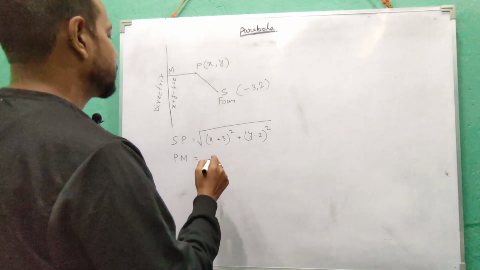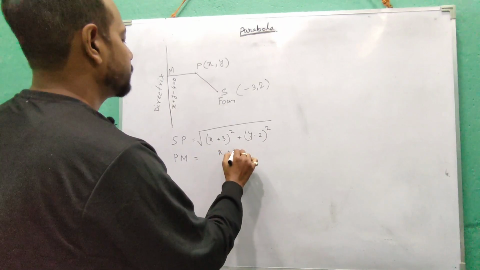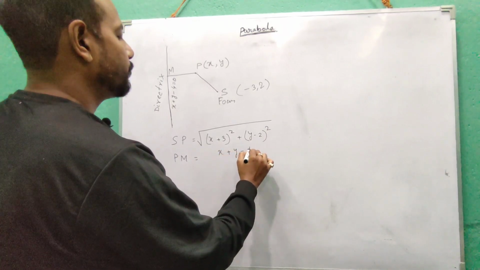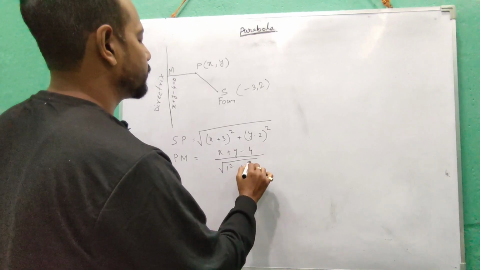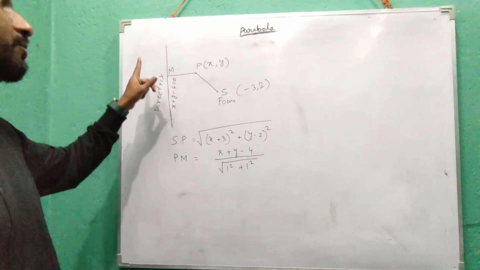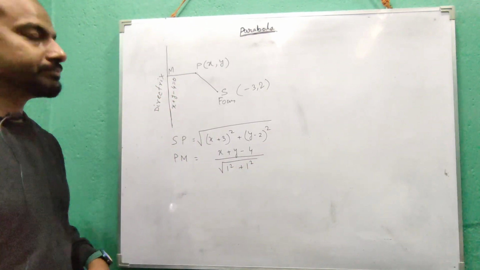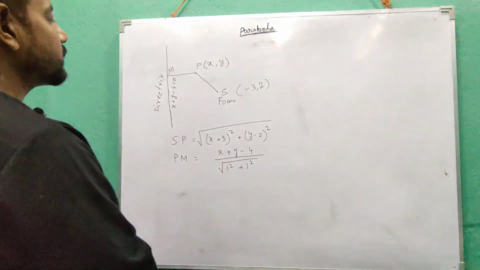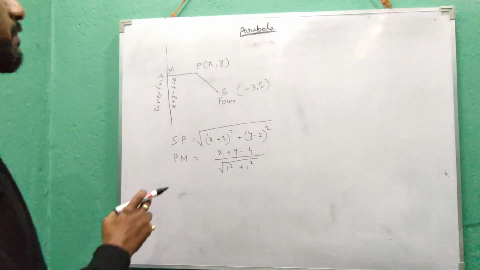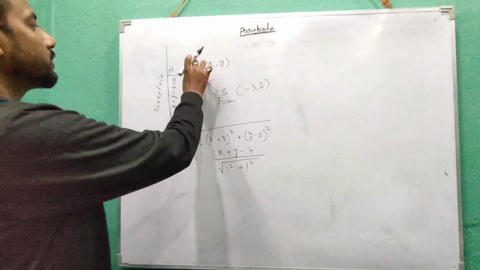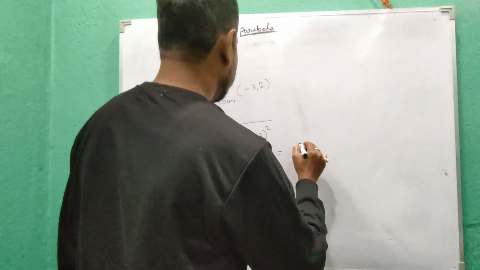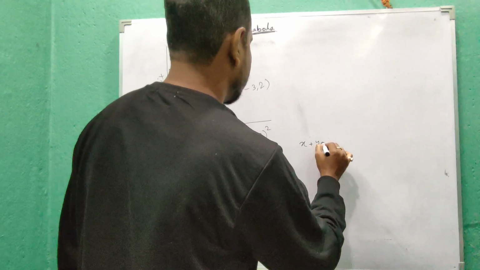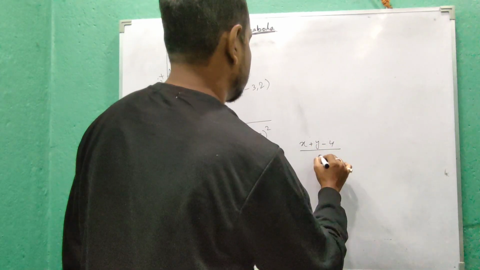That means |x plus y minus 4| divided by the root of 1 square plus 1 square. The perpendicular distance formula is in the chapter straight line: the perpendicular distance from an external point to the straight line. So it gives (x plus y minus 4) divided by root 2.